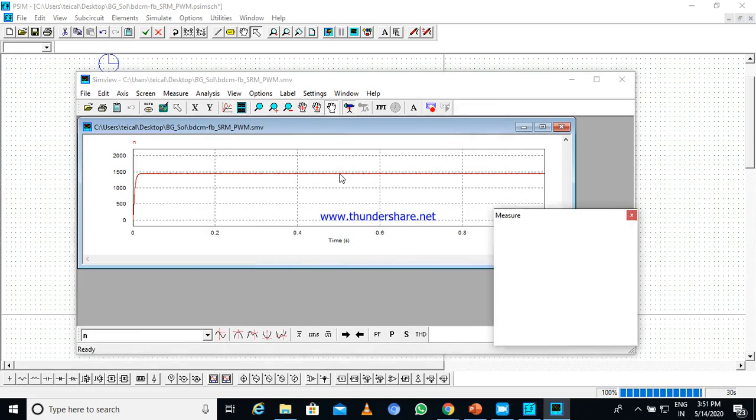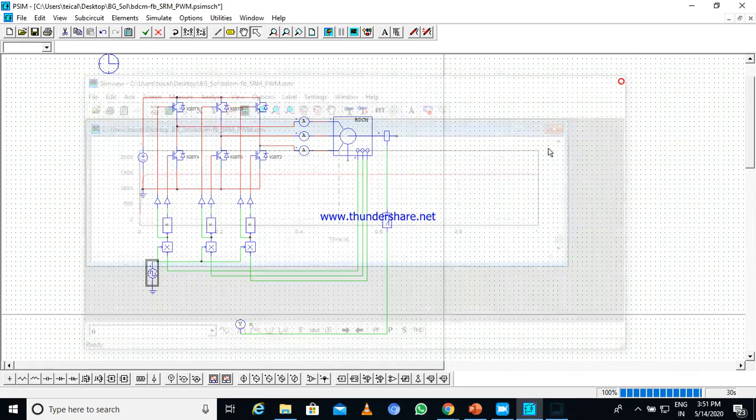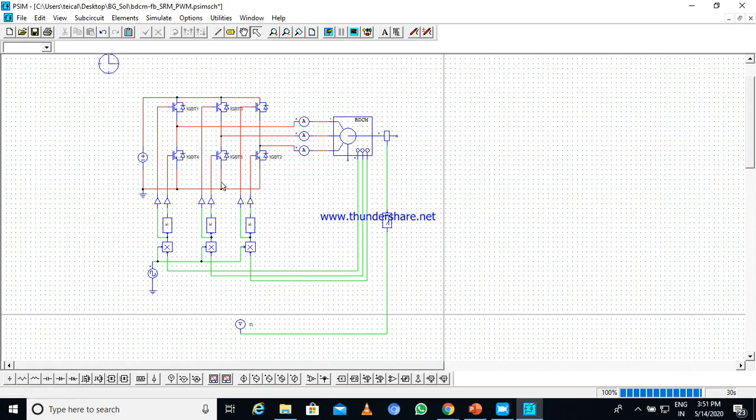You see, now the RPM has reduced to around 1450 RPM. So simply by changing one variable, the duty cycle, you can control the speed.